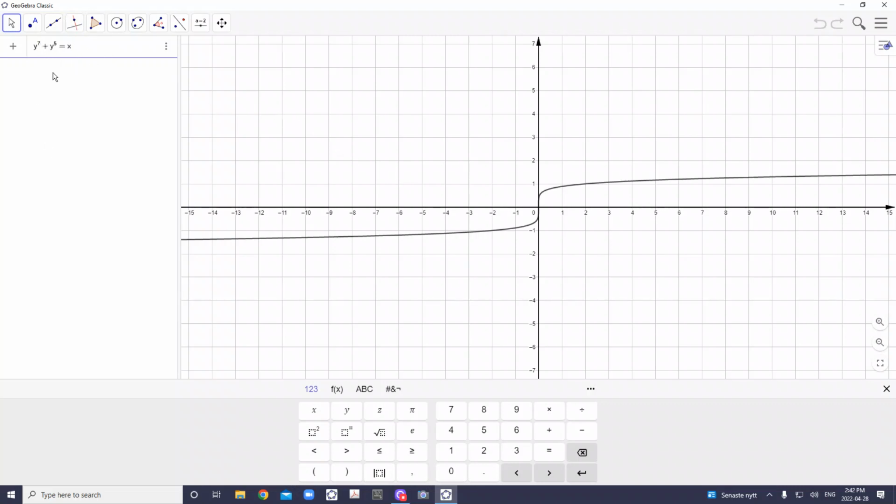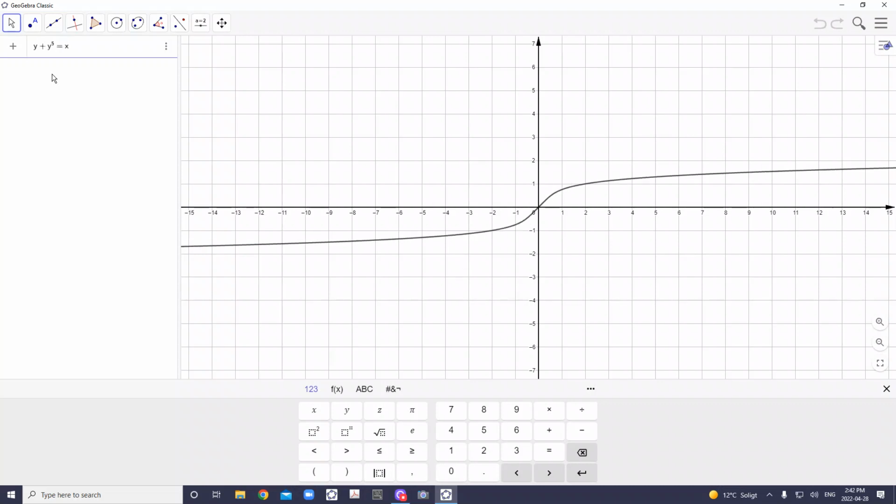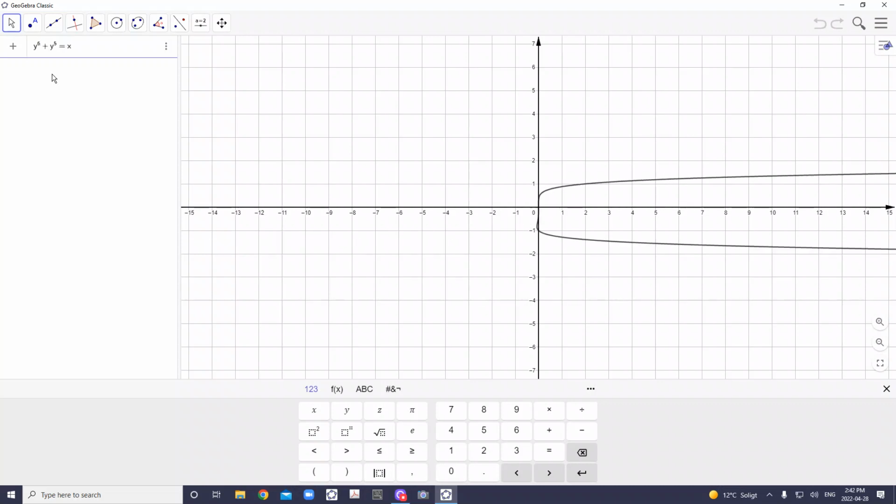But let me make it even power. We should be able to predict that this is a function. It's not hard mathematics. But let me make it even power, for example 6. Then it is not a function, because you see that some vertical lines do not intersect this, but some of them intersect more than once.